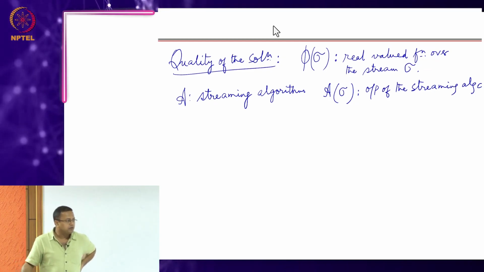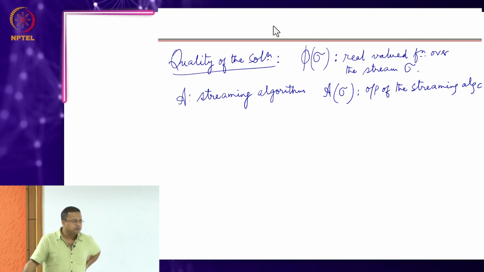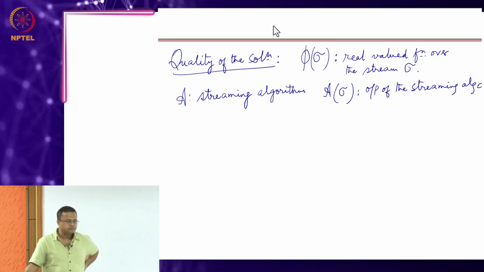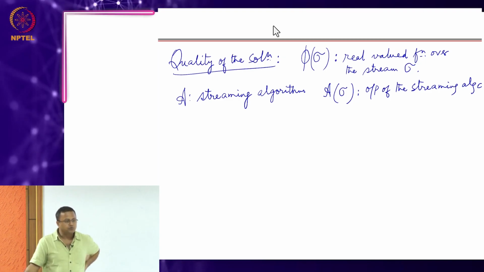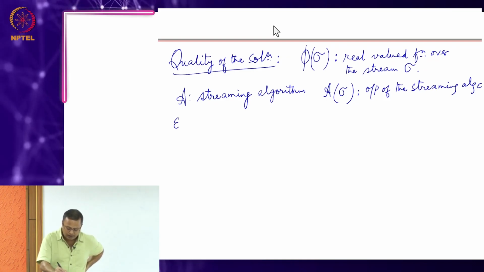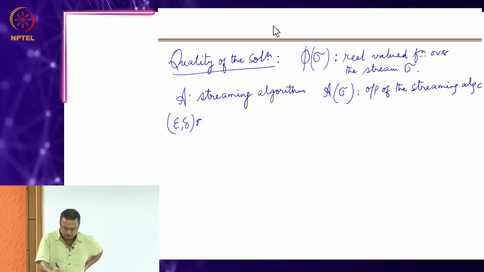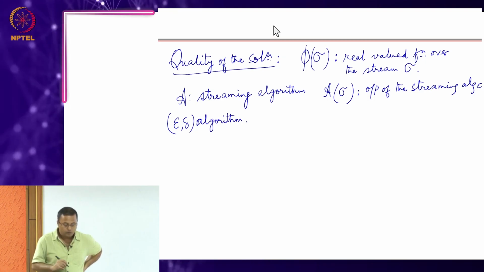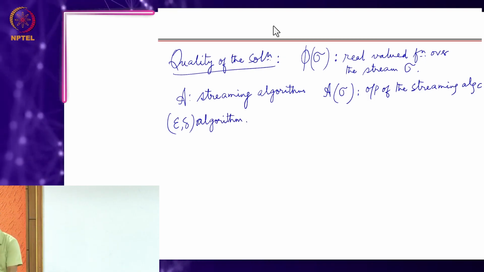Your output A of sigma should be as close as possible to this phi of sigma, right. So, we would now define a notion called an epsilon delta algorithm, where epsilon is an error parameter and delta is a probability measure.